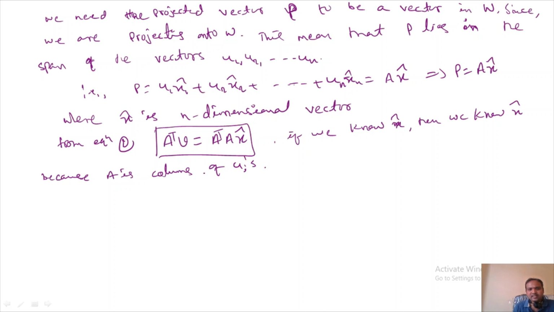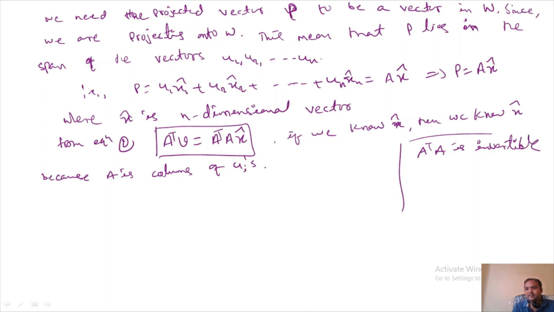In other words, suppose we want to find x hat. If A transpose A is invertible, and it is always invertible, let me give the reason why.